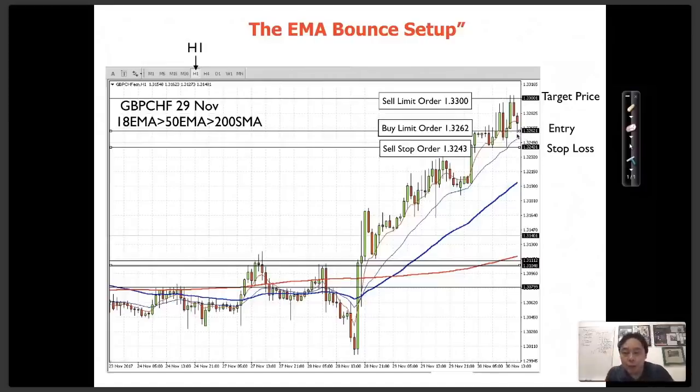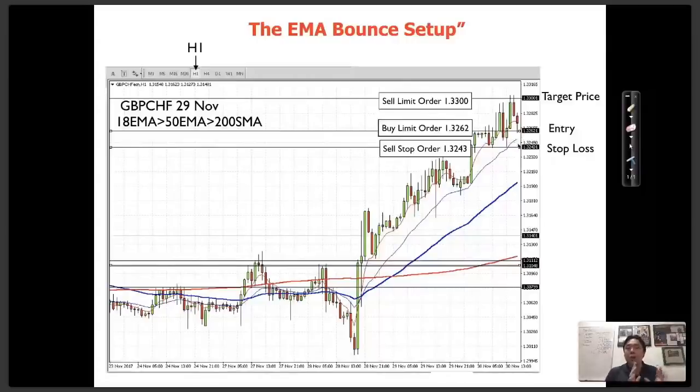So you can see over here, that's my entry. That's my stop loss, right? That's my profit target. Now notice that on the hourly time frame, the price is bouncing off this blue line, which is the 18 moving average. Can you see that? And so notice that my stop loss is safely below the 18 moving average that is protecting my stop loss.